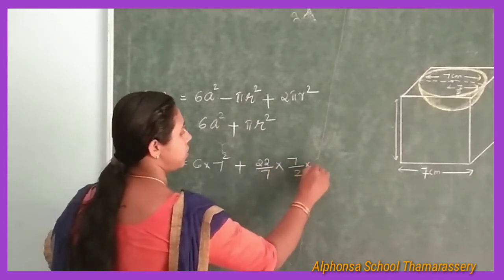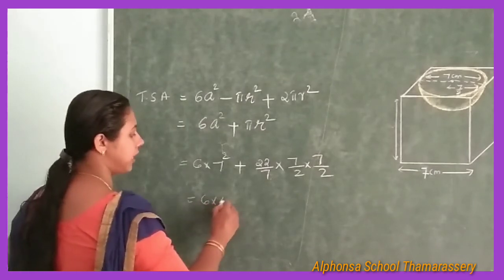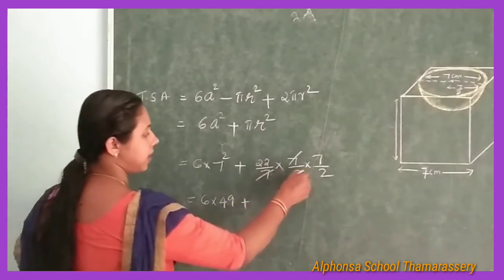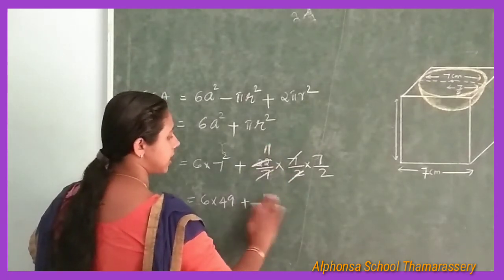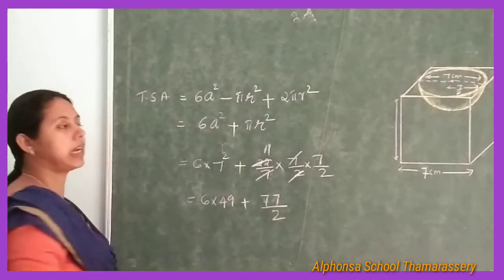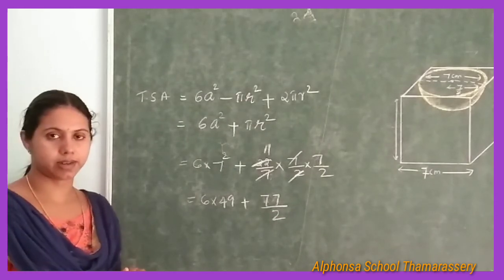So 7/2 into 7/2. Here 6 into 49 plus these two 7s will be cancelled, 11 times. So 11 into 7, that is 77/2. When you solve this, we will get the total surface area of the remaining solid.